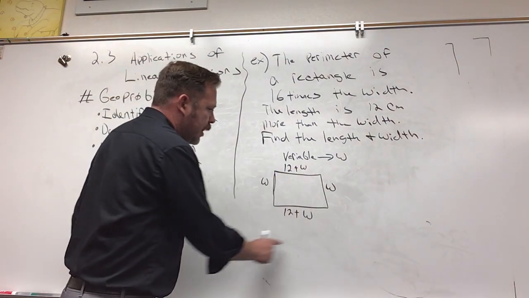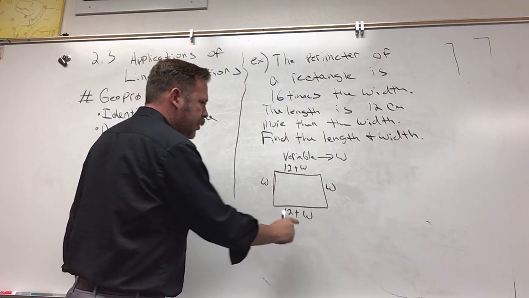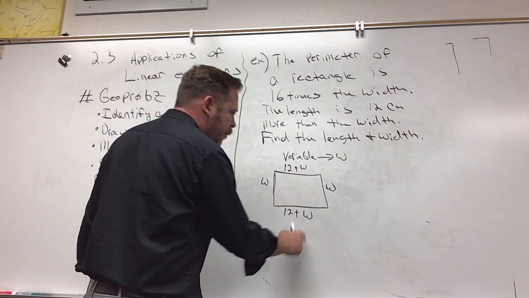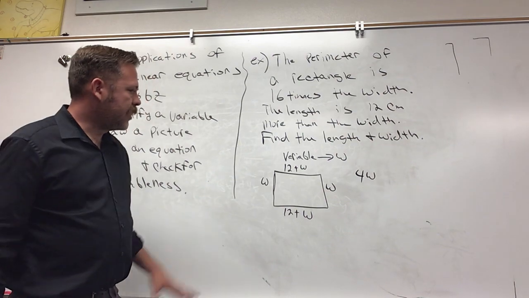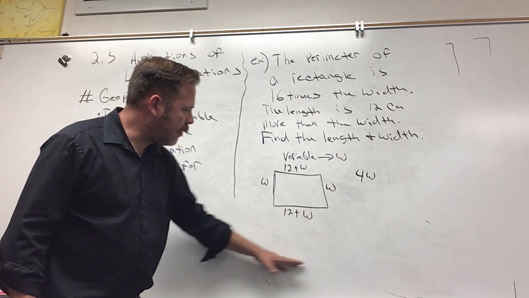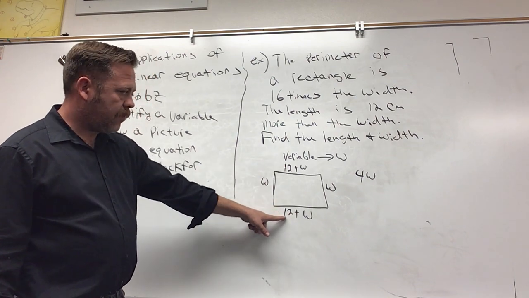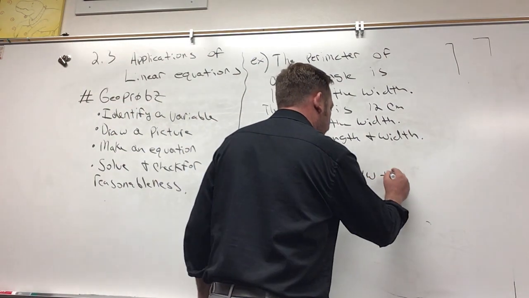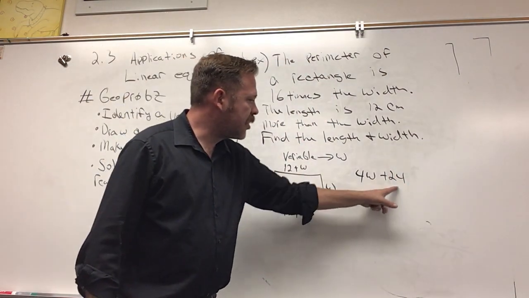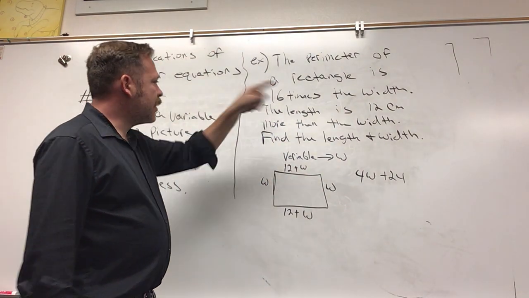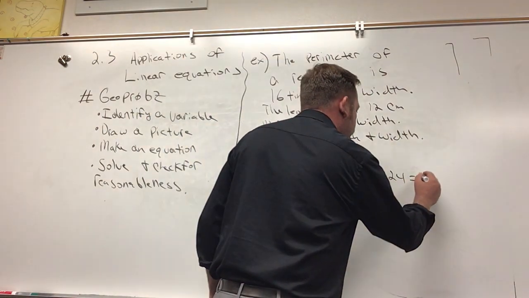If I added up all these sides, I would have W plus W plus W plus W, so 4 W's. I combine all the like terms by adding all the way around. And then 12 plus 12, add all the numbers, plus 24. You see this is the perimeter, an expression for the perimeter. The perimeter is 16 times the width, so on the other side of the equation, I have equals 16W.